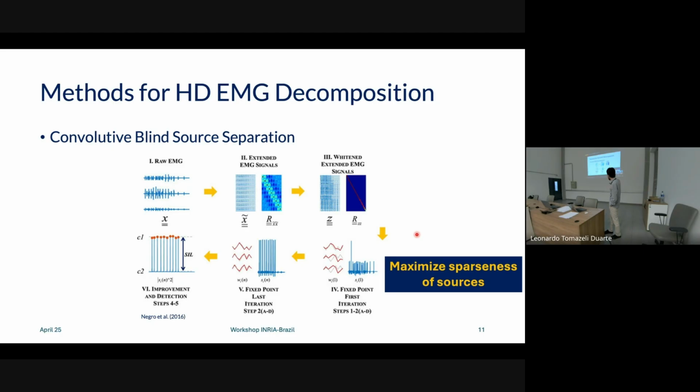And in this case, we are not trying to maximize the non-Gaussianity, for example, but we are trying to maximize the sparseness of the sources. That is a related thing, because these sources are spiking and not continuous in the time series.